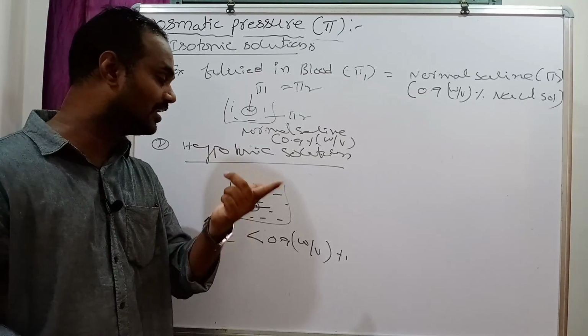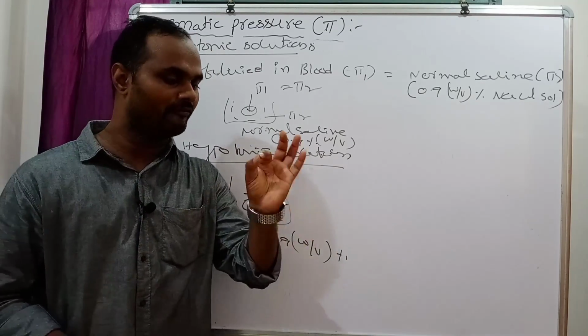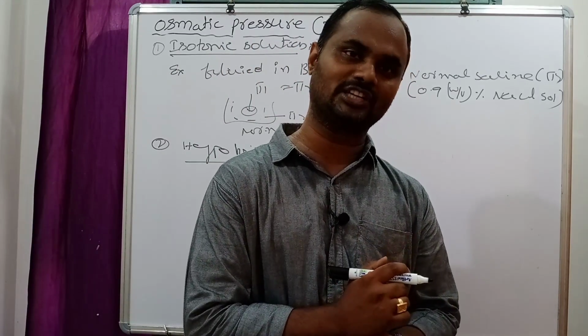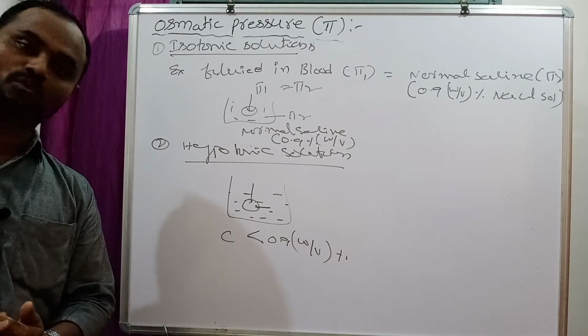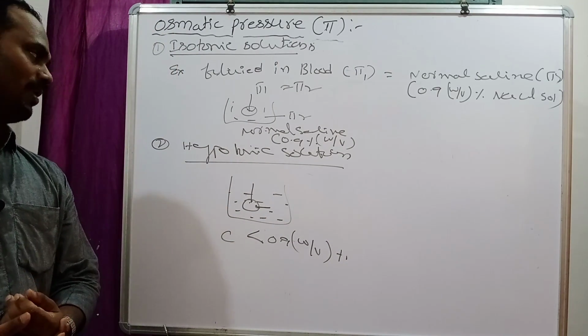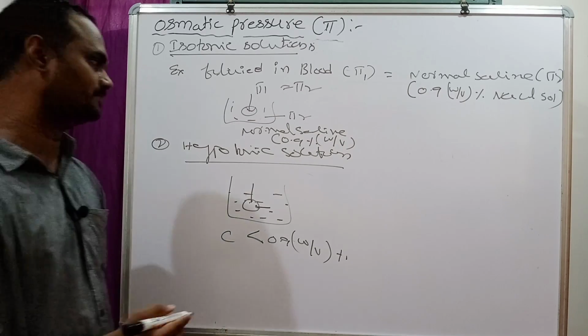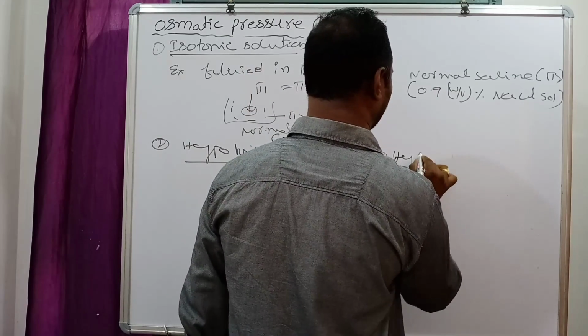Is it clear? After some time it is going to break down. So simply, when blood cells are dipped in a low concentration solution or hypotonic solution, the cell will be swollen or will burst due to absorbing solvent molecules. In the same way, third one, hypertonic solution.